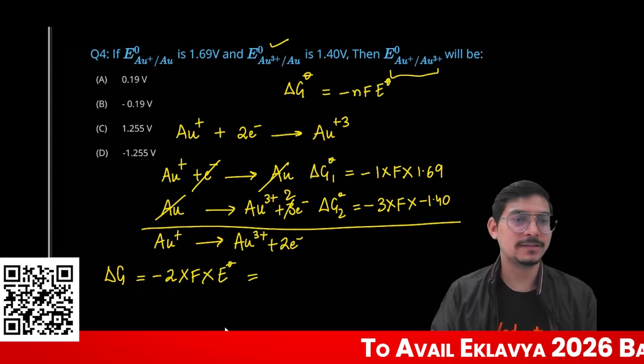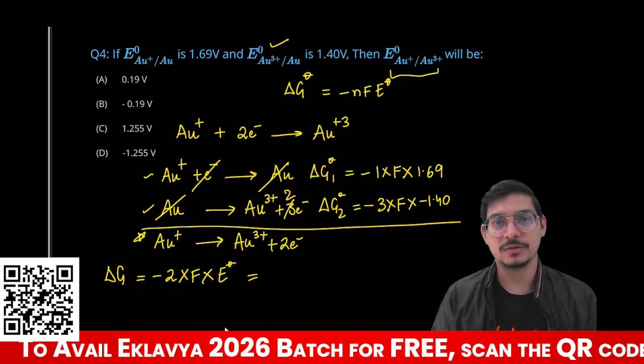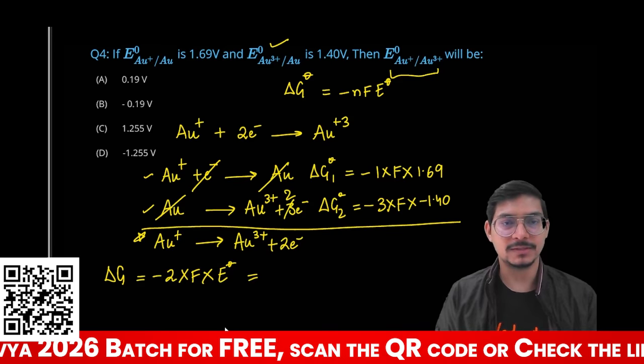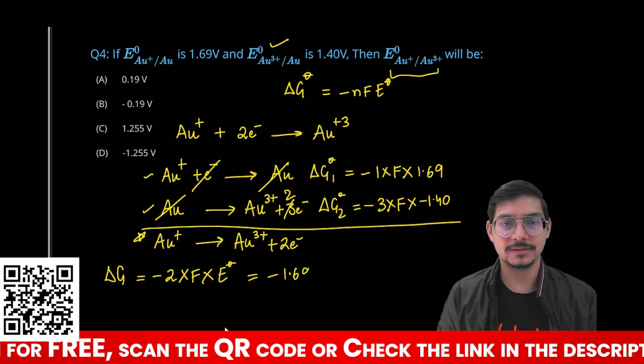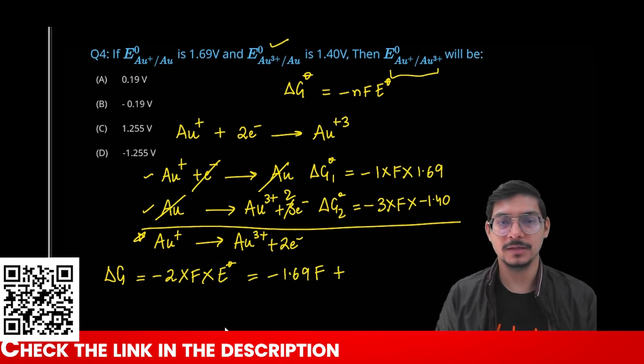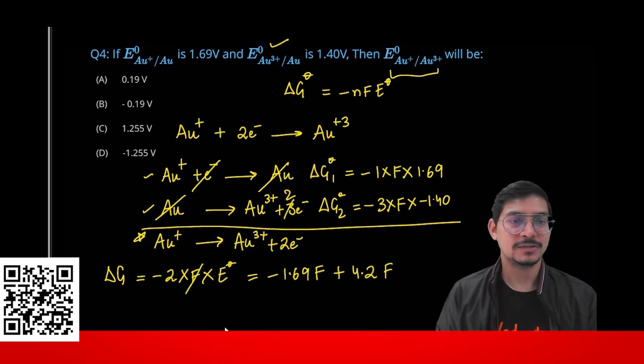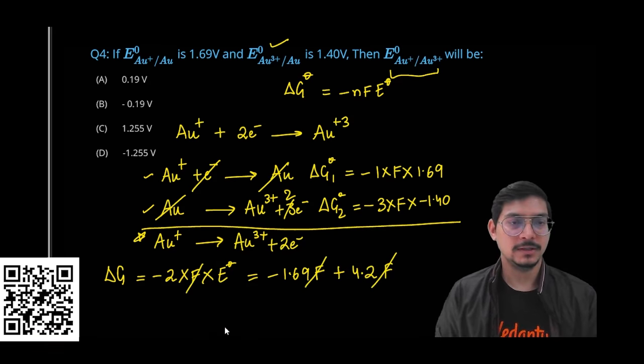Now we can see that this equation has been formed by the addition of these two equations. So the corresponding Gibbs energy would also be the sum of these two energies, which means minus 1.69 F, and minus this will become plus, and this would be 4.2 F. So F will cancel out and we would have E naught.